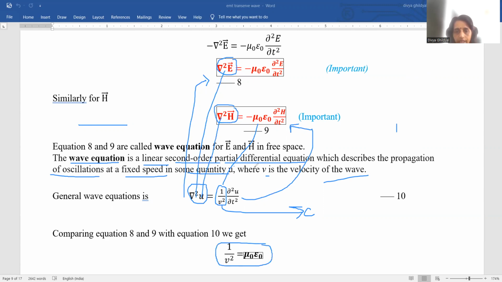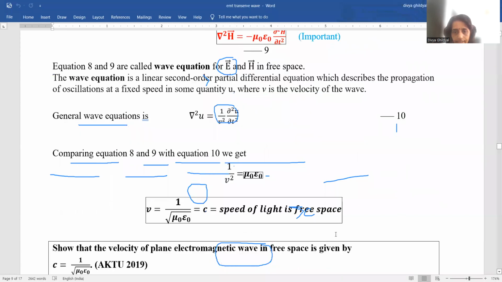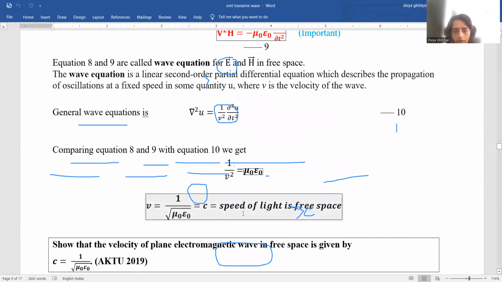We have just compared these equations with the general form of wave equation, and we have come out to a very important derivation for velocity of light, that is c equal to 1 upon under root mu naught epsilon naught.